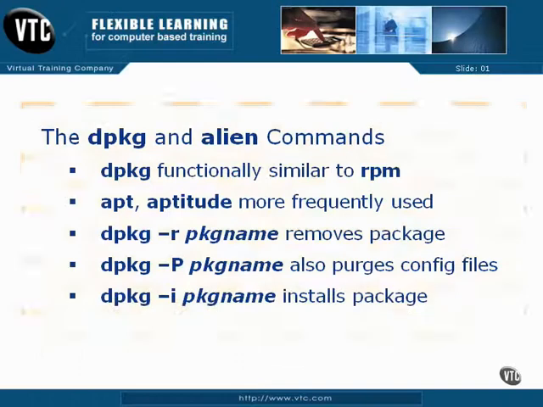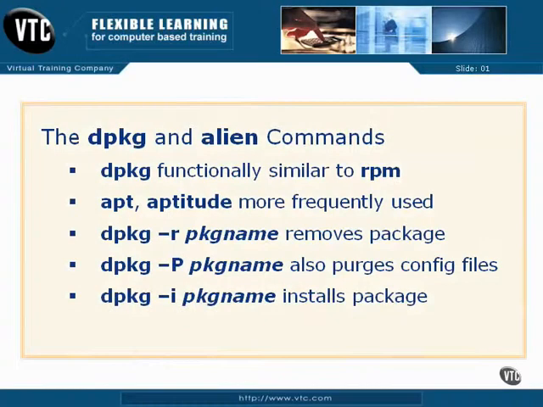Learn to use the dpkg and alien commands. If you're familiar with the rpm command on Red Hat type distributions, you won't be surprised to find that the dpkg command includes a lot of functionality. However, commands such as apt and aptitude are more frequently used today, so the dpkg command is not as well known, but it is explicitly listed in the LPIC curriculum.